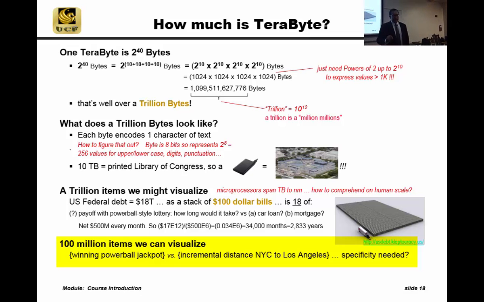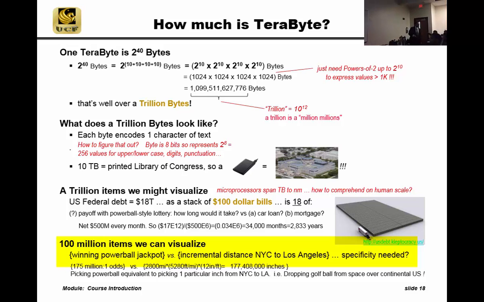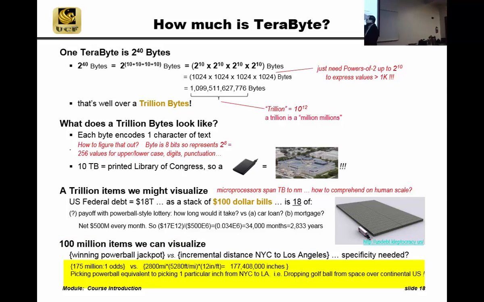The way I heard this was if you drop a golf ball from space over the continental US, do you think it's harder to get it in a golf cup or harder to win the lottery? The Powerball. It's almost the same. It turns out the Powerball jackpot is a 1 in 175 million to 1, and then 2,800 miles, 5,280 feet per mile.